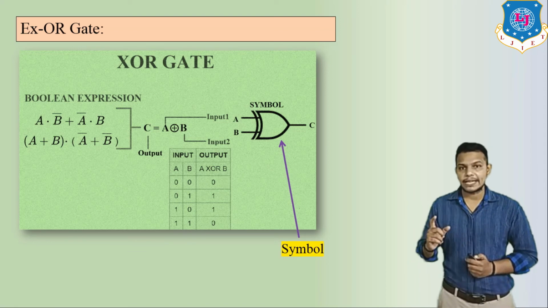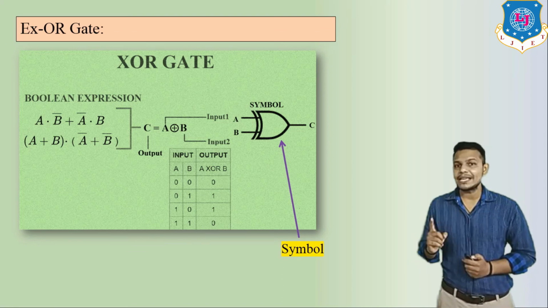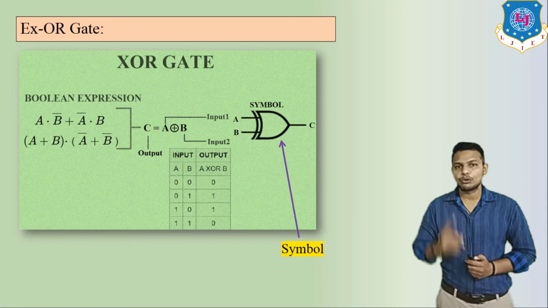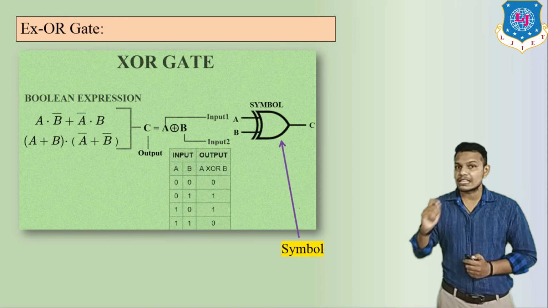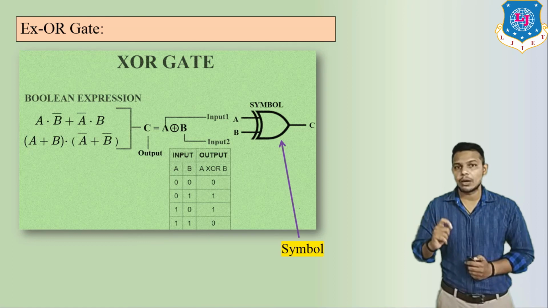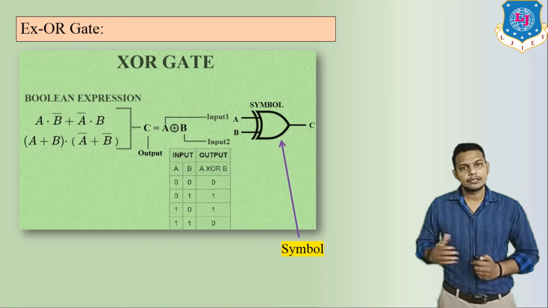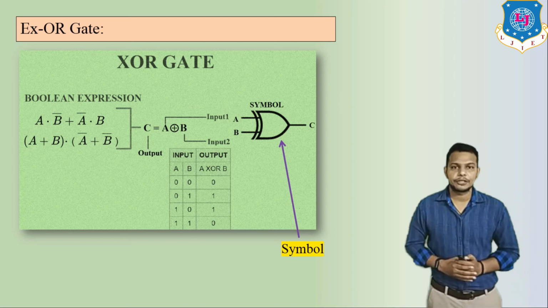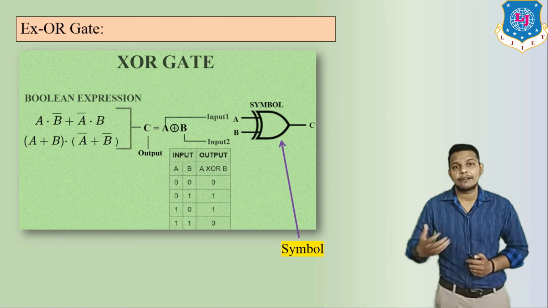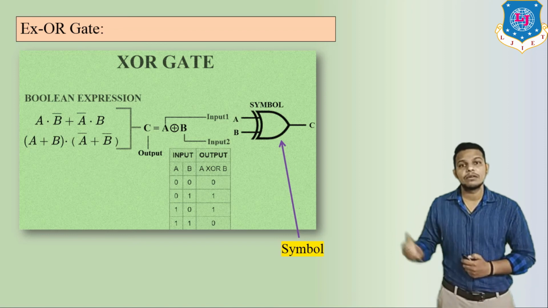That means if A is 0 and B is 0, your output will be 0. Even if A is 1 and B is 1, your output will be 0 as well. So this is a special operation. That's why it is known as a derived gate or exclusive OR gate.